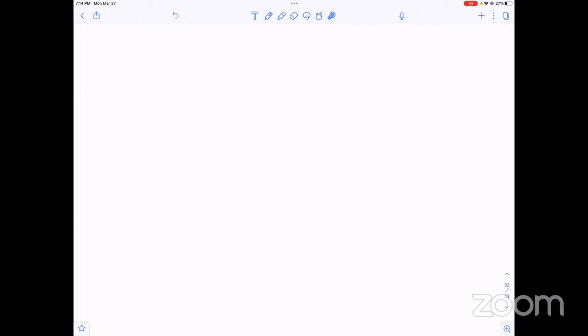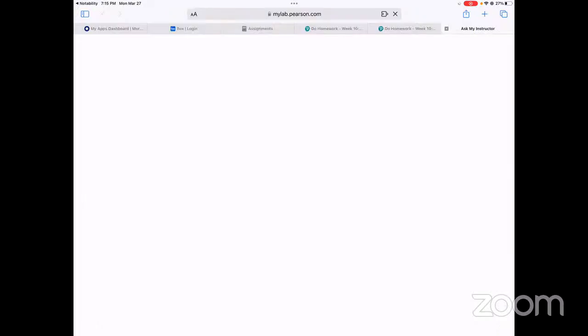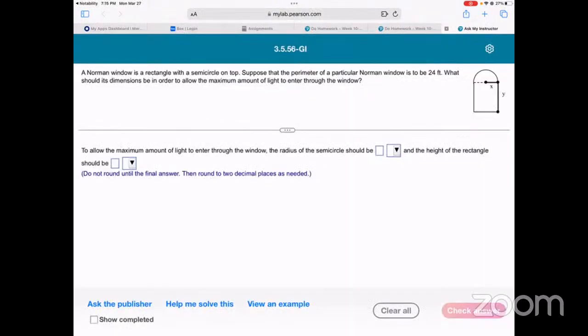So, you sent a few of them. Let's start with this one. Let's see. It says a normal window is a rectangle. I think this one might be a little bit funky. Let me go like this. Yeah, right there. Let's do it again. Okay.